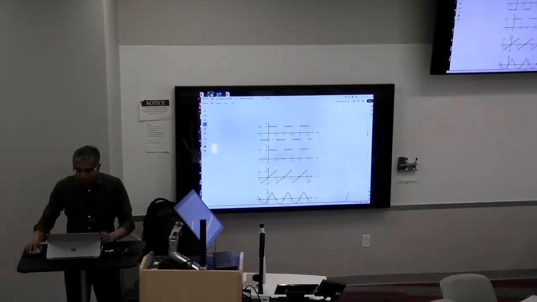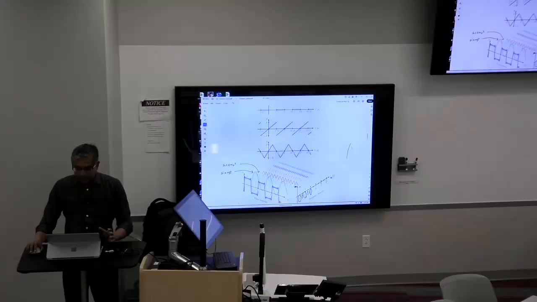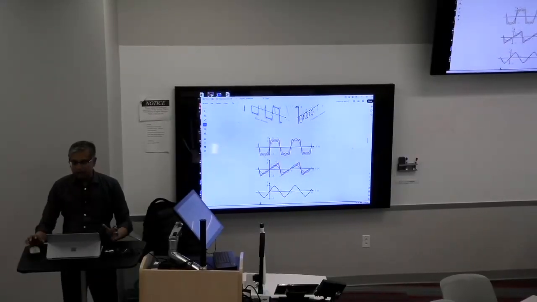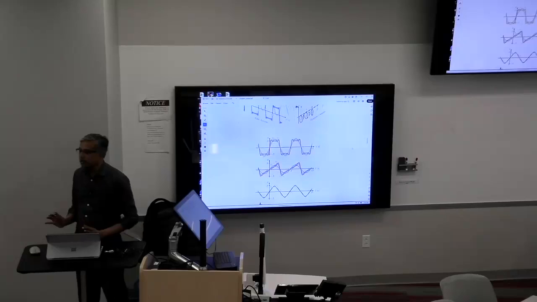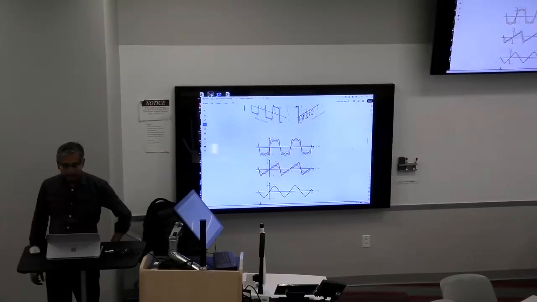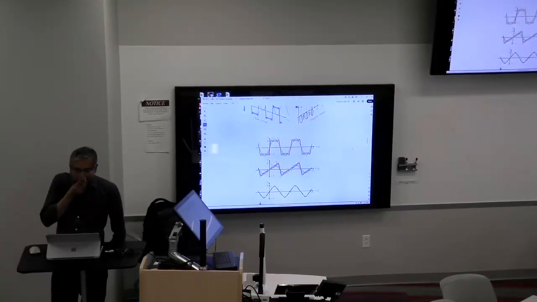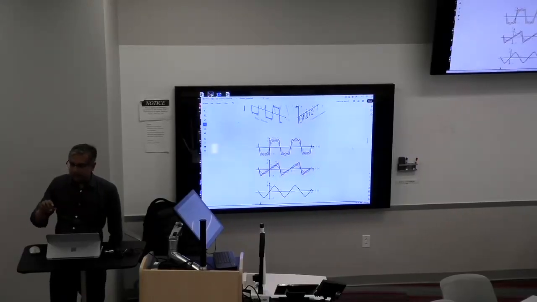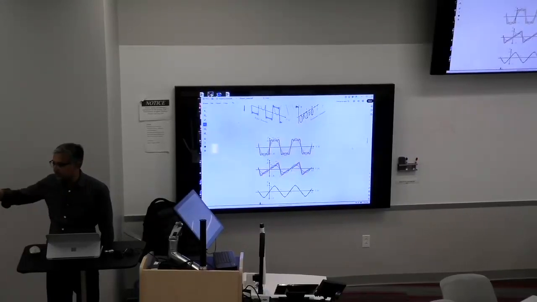Okay, what is beautiful is this. So here I've shown you some pictures. In all these cases, the first case there is a square wave, in the second case there is the triangle, and then the third case there is another triangle wave.